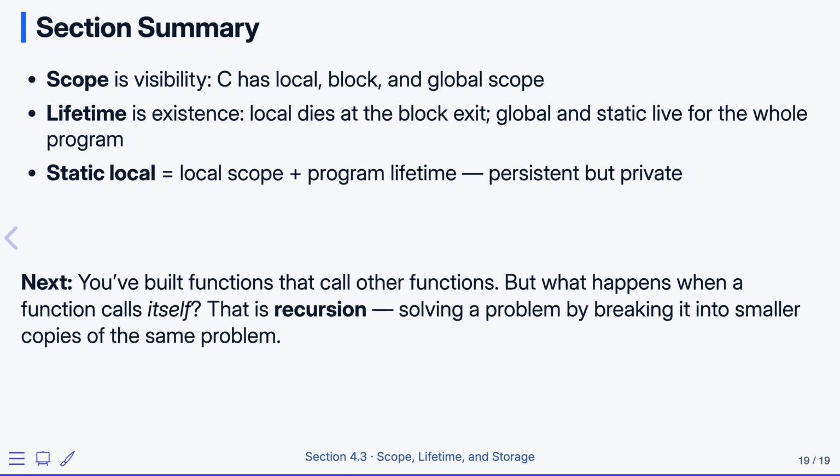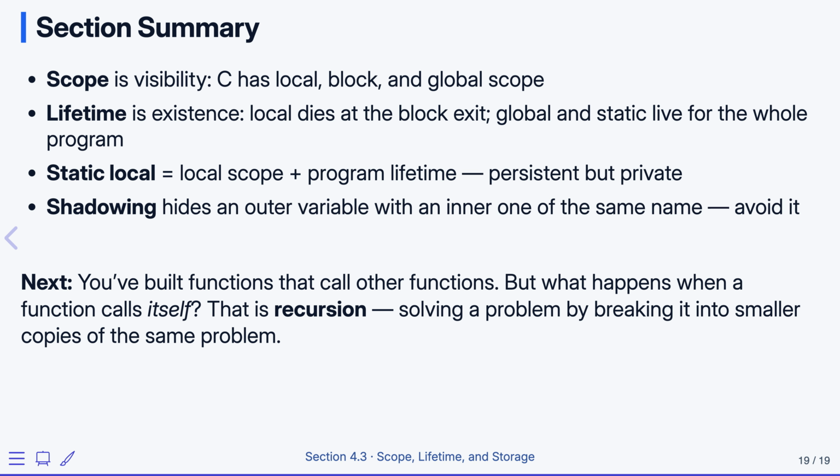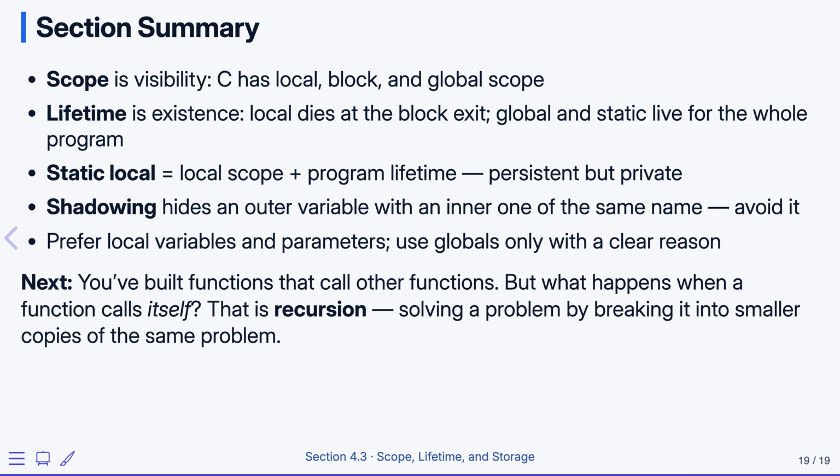A static local combines local scope with program lifetime. It is persistent but private. Shadowing hides an outer variable with an inner one of the same name. Avoid it. And as a rule, prefer local variables and parameters. Use globals only with a clear reason.